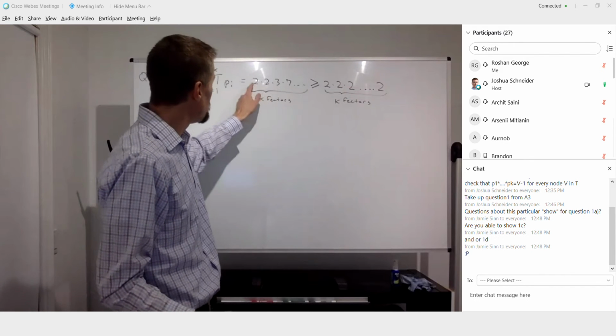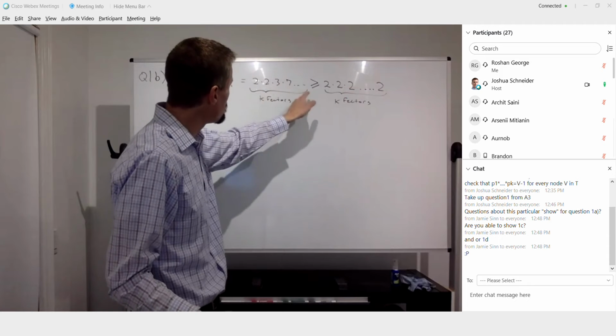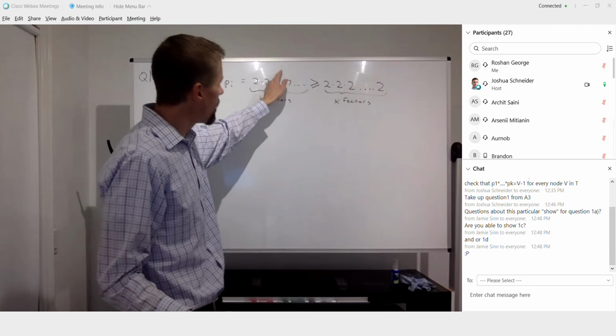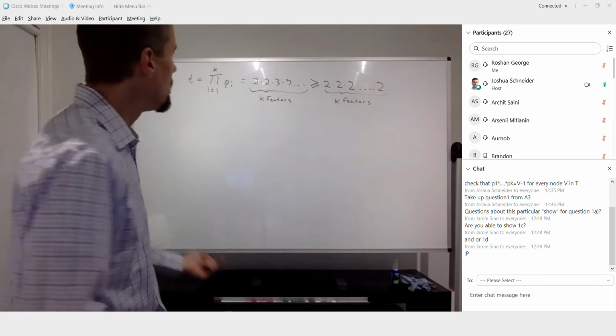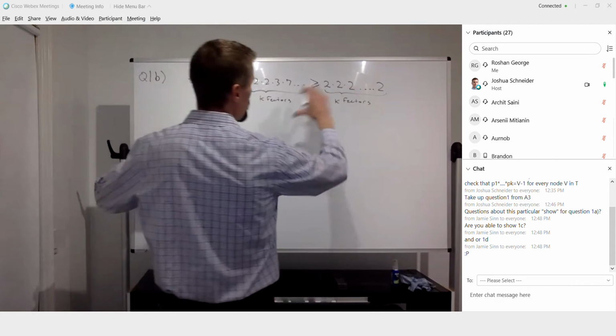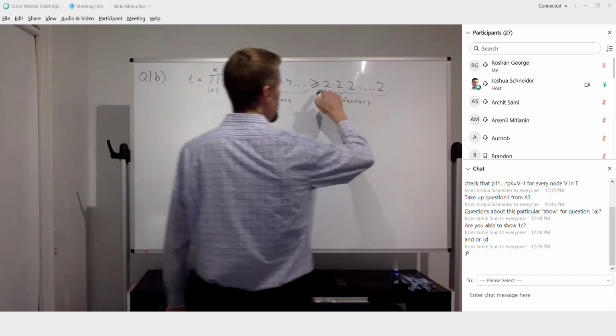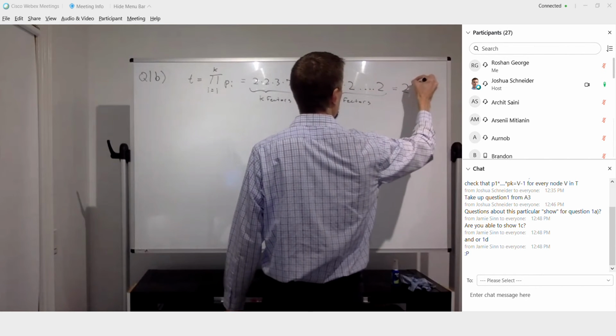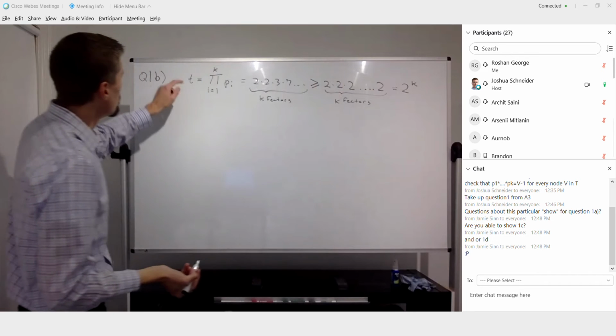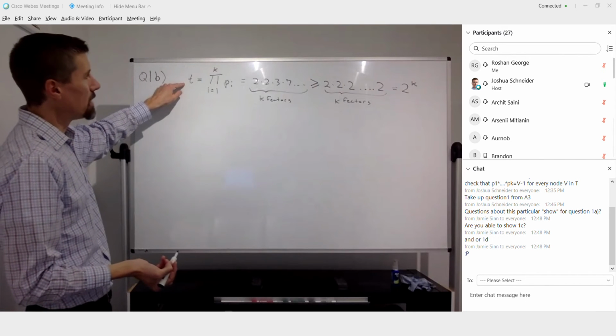So a string of 2's with something else greater than 2 is always going to be greater than a string of the same number of 2's. Now what you do is you look at the far right-hand side and you go, well, hold on, 2 k times is just 2 to the k. And over here on this far left-hand side, we have t.